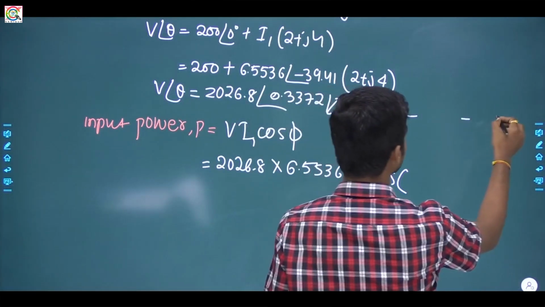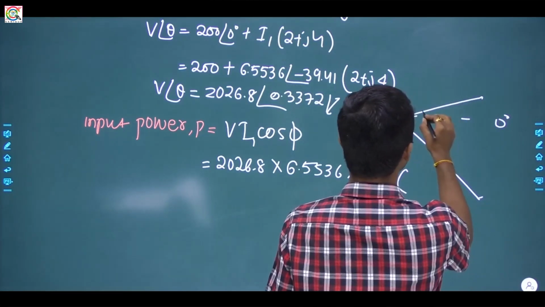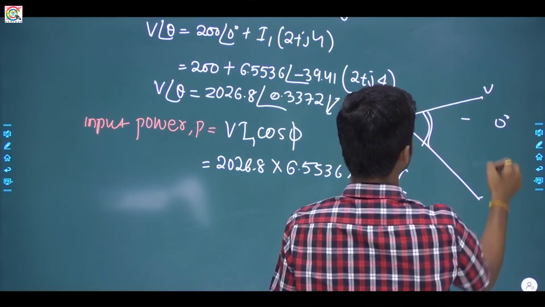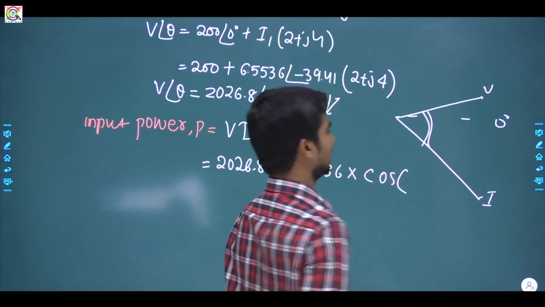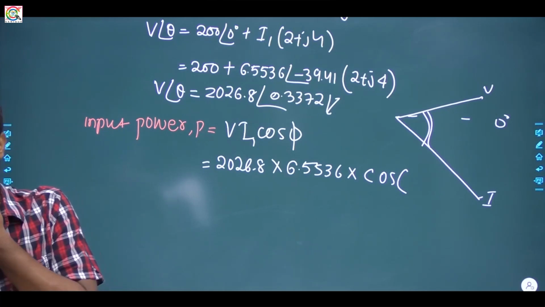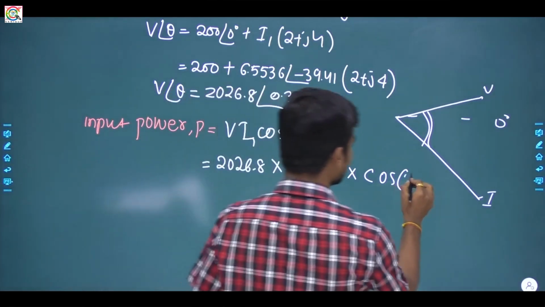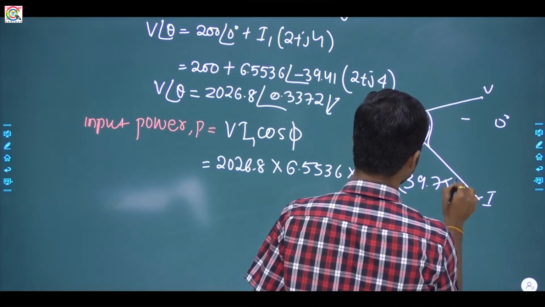Suppose this is the 0 degree, voltage यहाँ पे है, करंट यहाँ पे है. So ये दोनों का एंगल क्या होगा? That is the power factor angle. So इसको हम दोनों को मिला देंगे. तो क्या आ जाएगा? 39.7512.